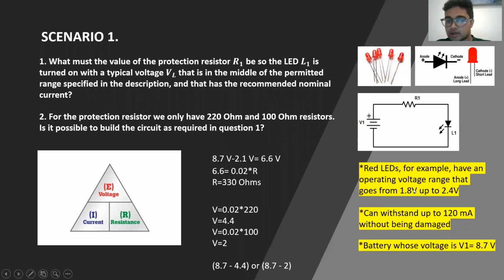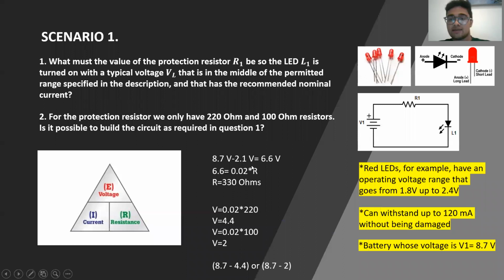I used 2.1 because it is the average between 1.8 and 2.4 volts. Then this value gave me 6.6 volts going to L1.